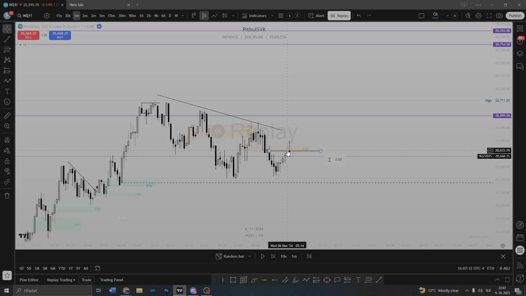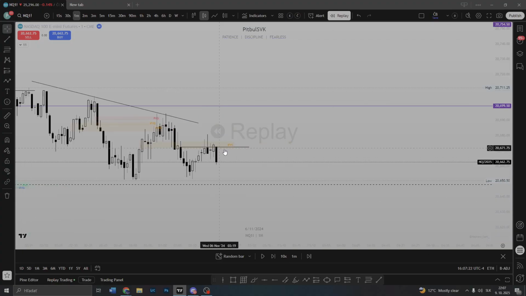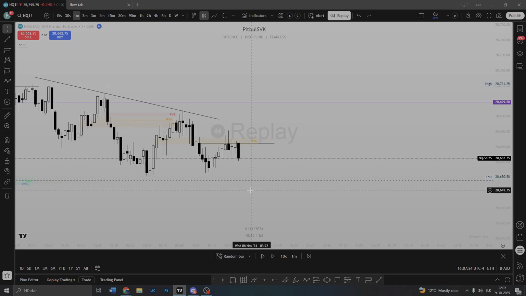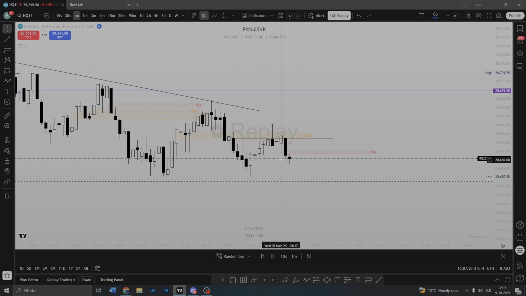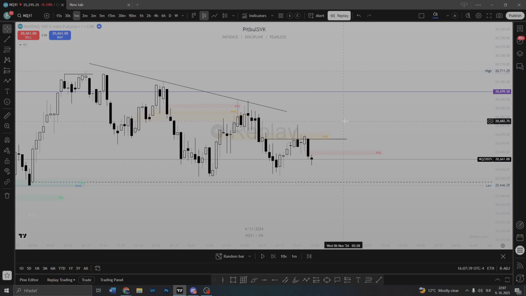We are not able to close above it. We just swept the highs again. Still not the closure I would like to see. Falling lower. Internal sweep right there. Also we are in the OTE of this little range right here.